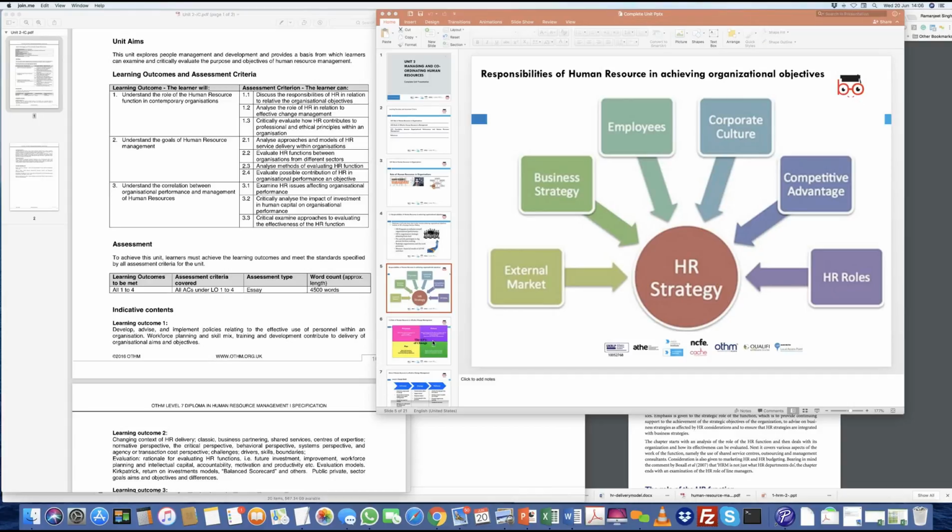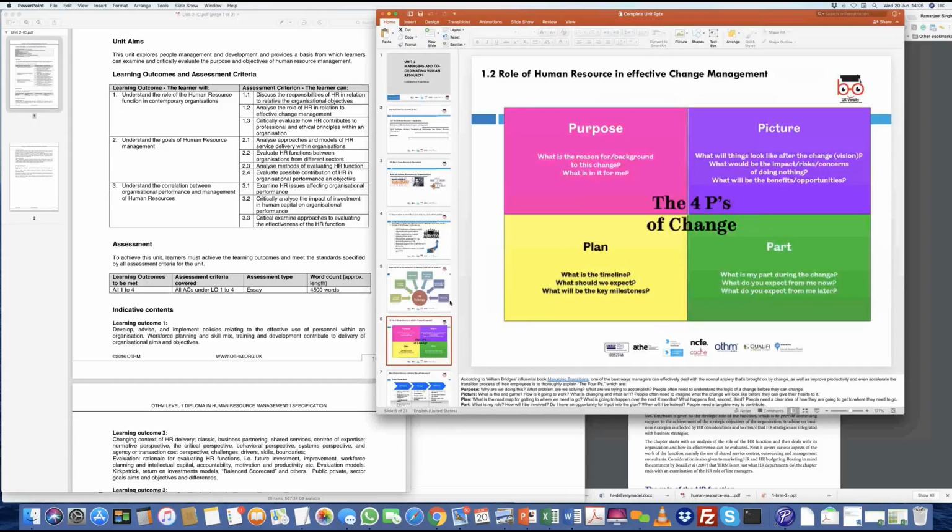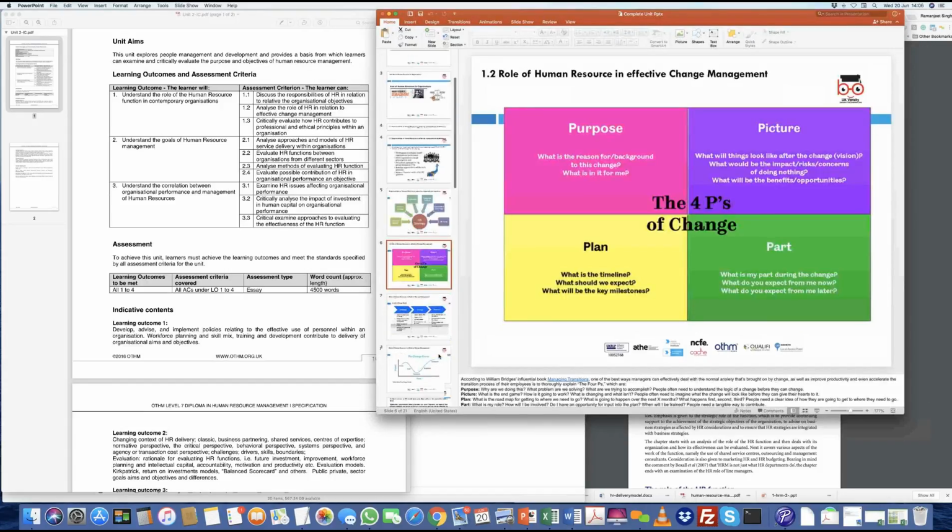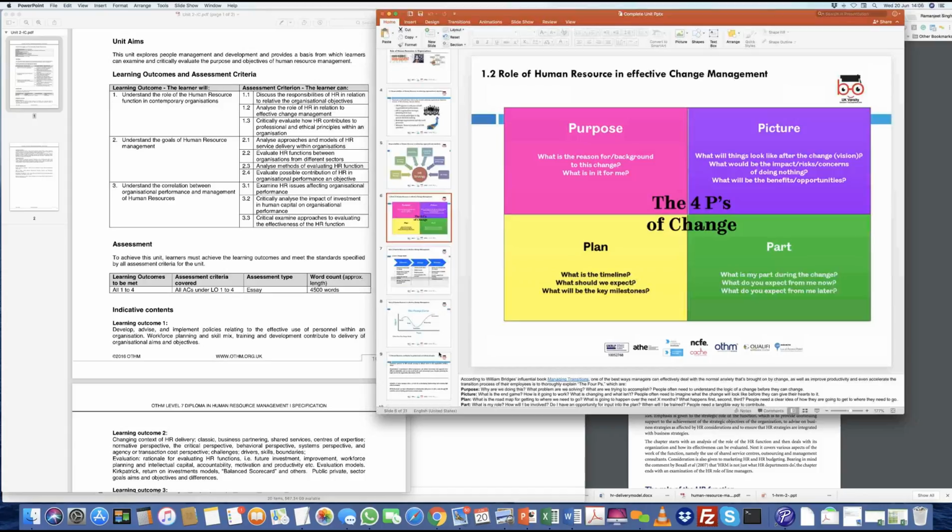We briefly looked at one of the important frameworks, which was called the 4 Ps of change. This is what most HR managers use when they look at bringing change into the organization. Here we looked at the reasons why change is to be introduced, the purpose, and the bigger picture: how will it affect the organization in general, and what is the plan to bring that change.